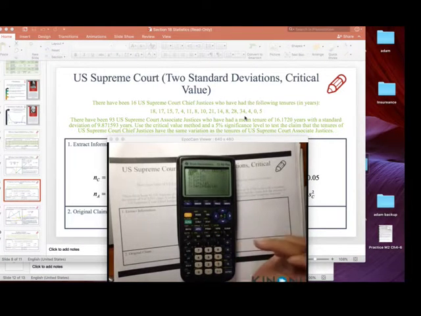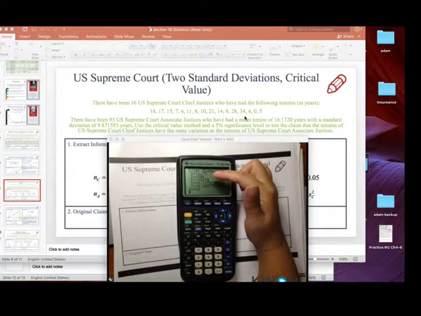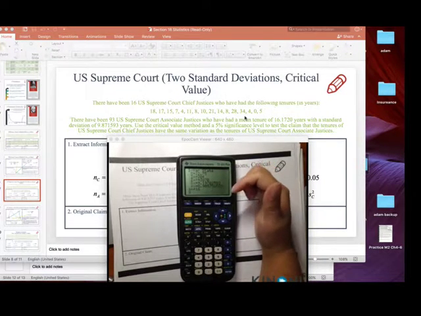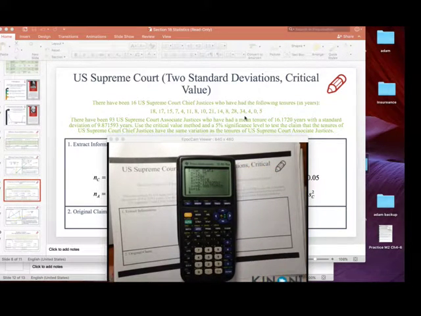And then I'm going to go to the statistic, go to the calc, choose number 1, and then I have a second one here. Okay, so I could find out the sample mean, sample standard deviation, and also I have the sample size n equal to 16.